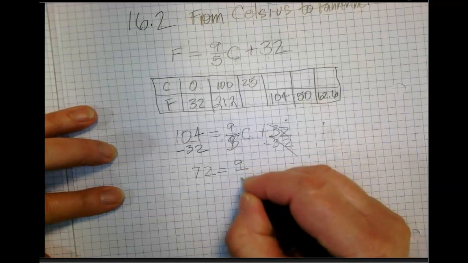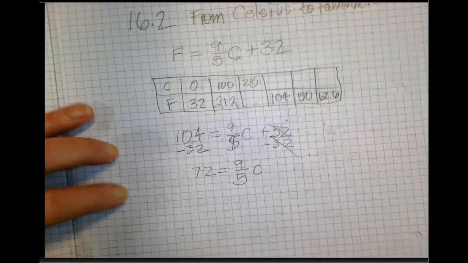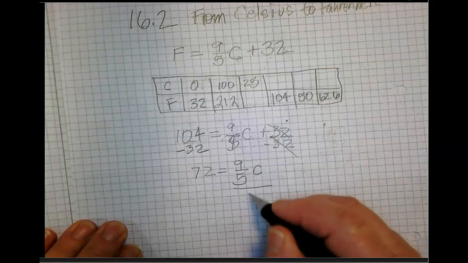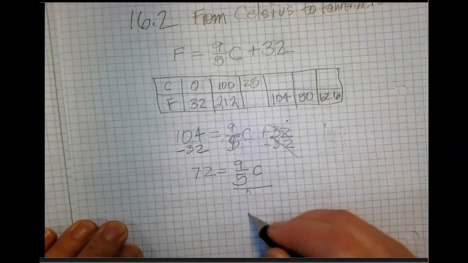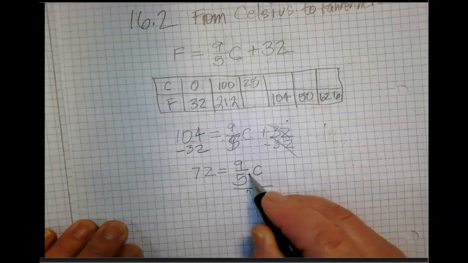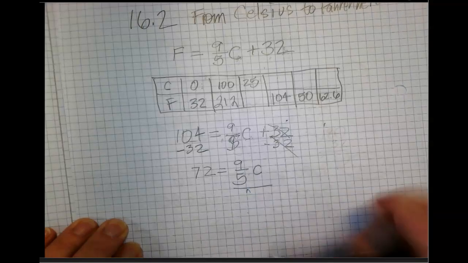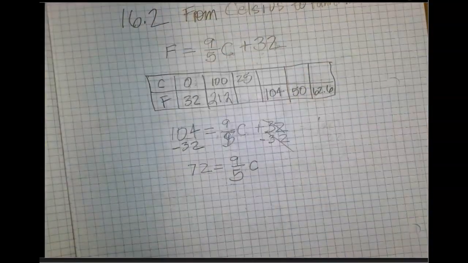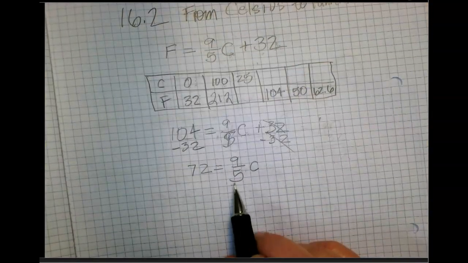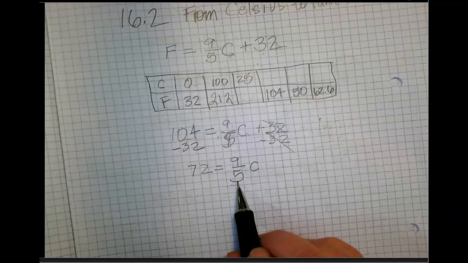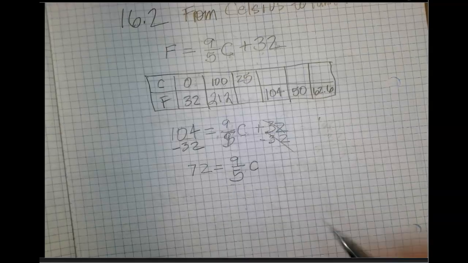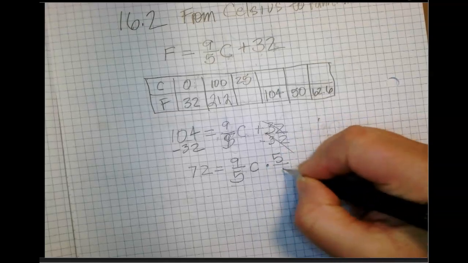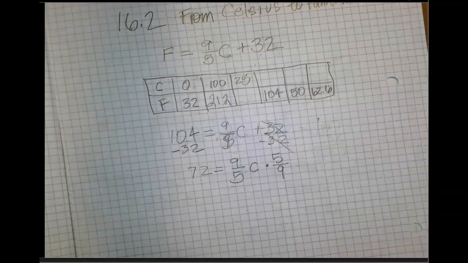So now I've got 72 on this side and 9/5C. So now I have to divide both sides by 9/5, because that's how I'm going to get rid of this. But young people, you need to remember that dividing by a fraction is the same thing as multiplying by the reciprocal.